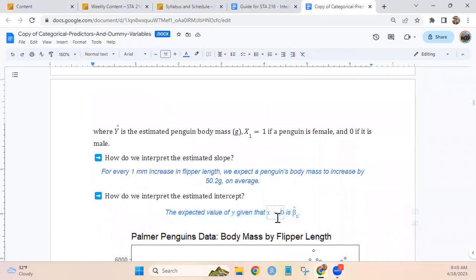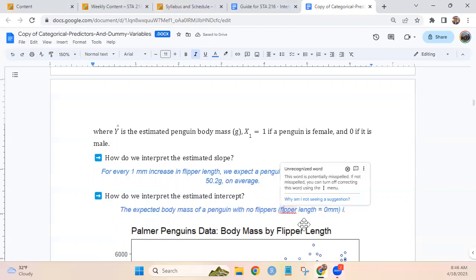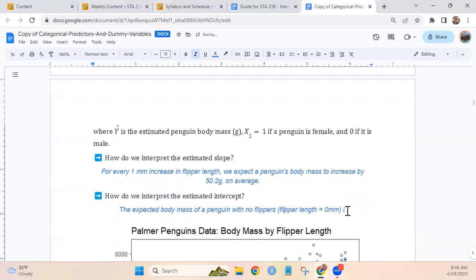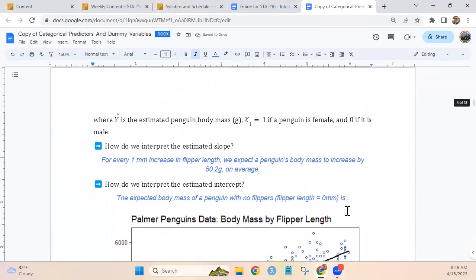Yeah, we'll say the expected body mass of a penguin with no flippers. Minus 58.72, yeah.